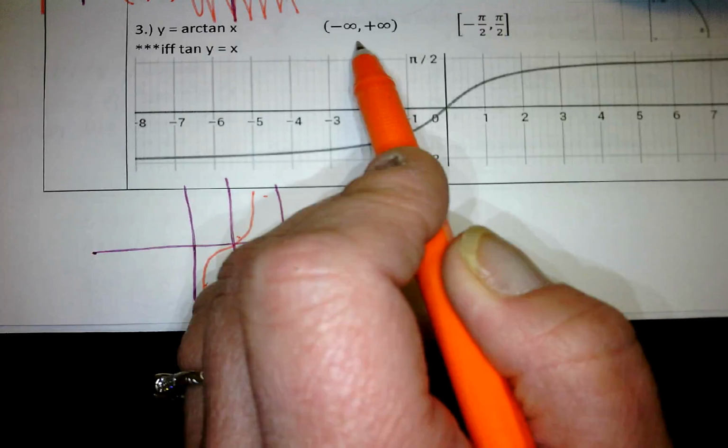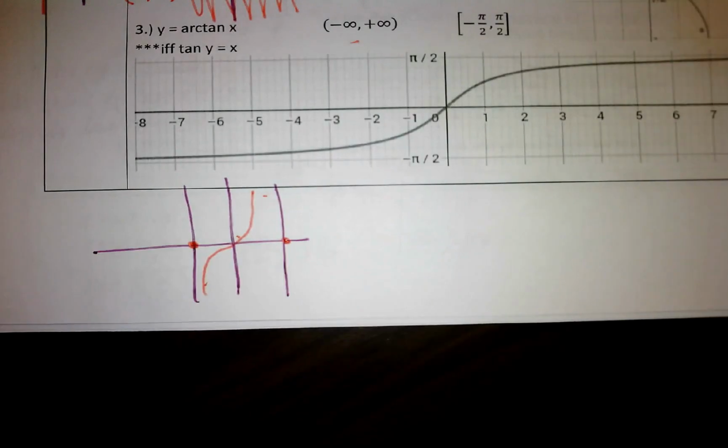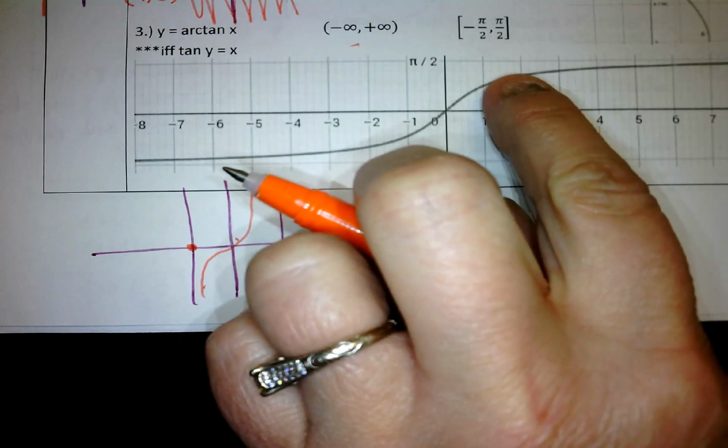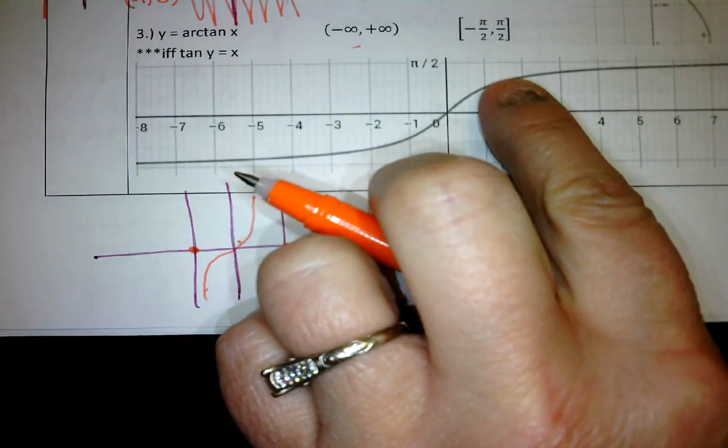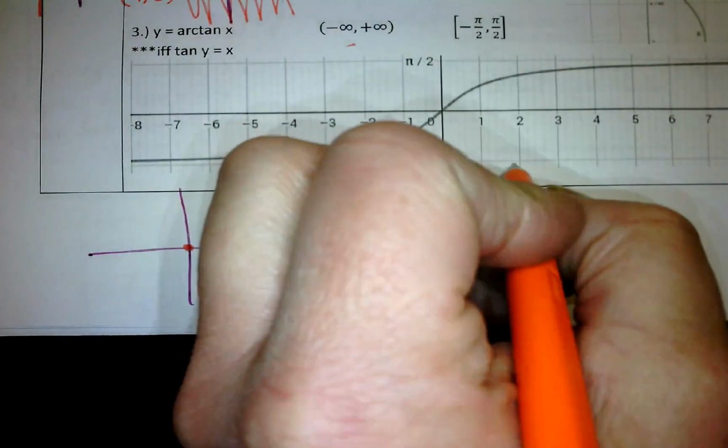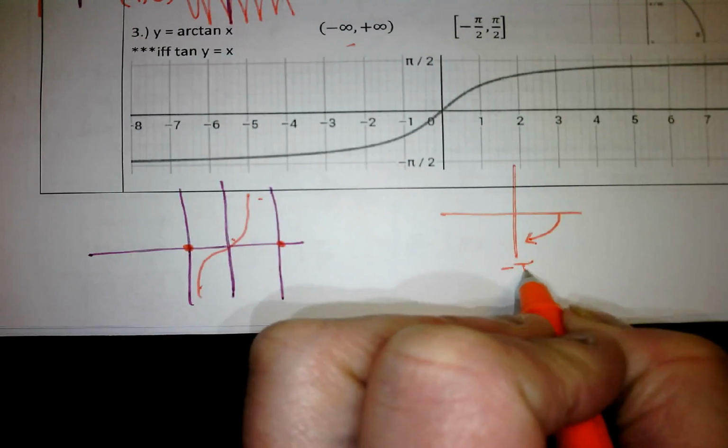And our range for one period is pi, and it goes from negative pi over 2 to pi over 2. The cool thing is tangent looks exactly like sine. If we're looking at our unit circle, we're going either to negative pi over 2 or to positive pi over 2.